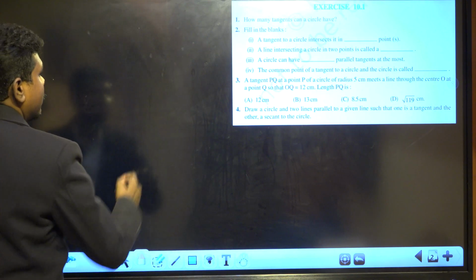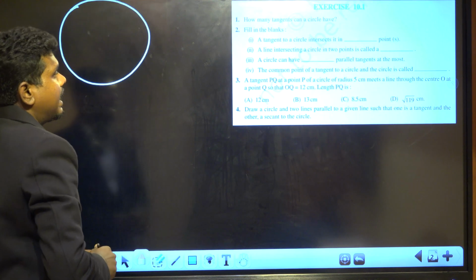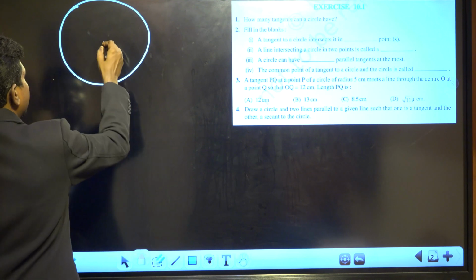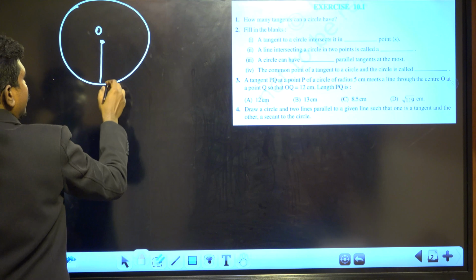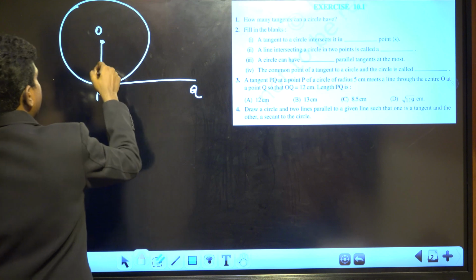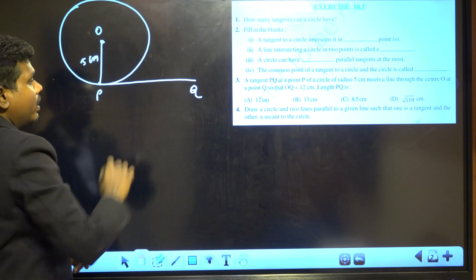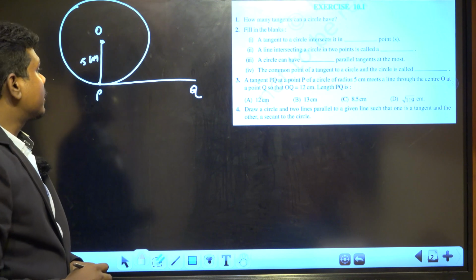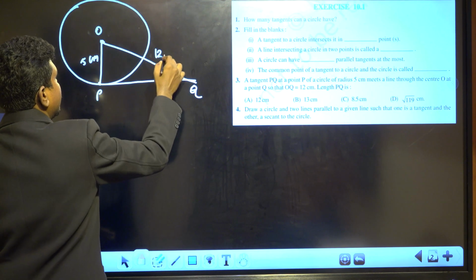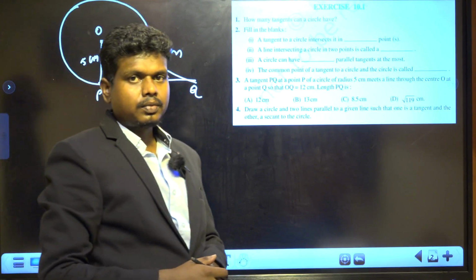The radius of the circle is 5 centimeter and the tangent PQ meets the circle at the point P. OP is 5 centimeter because that is the radius, and PQ is the tangent, meeting at point P. The distance OQ is 12 centimeter. Find the length of PQ.